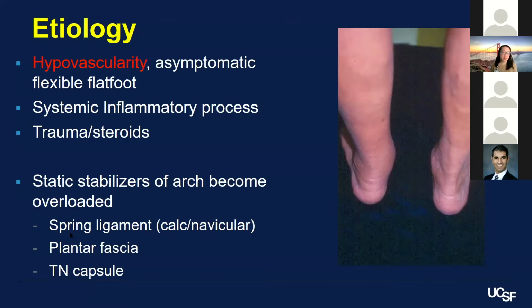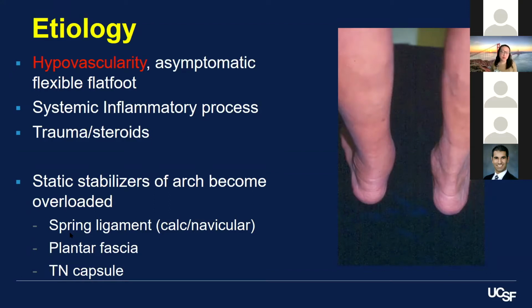A lot of these patients have had flatfoot their entire lives but never had any problems or symptoms until they're in their 50s or 60s, and now it's hurting. Some of them will have an inflammatory systemic process like RA or diabetes.